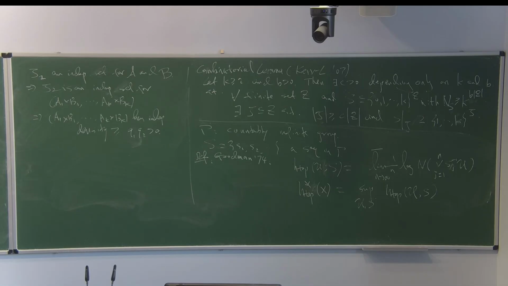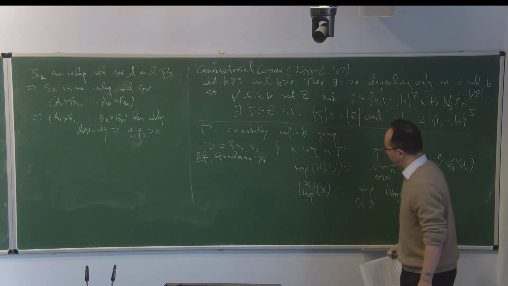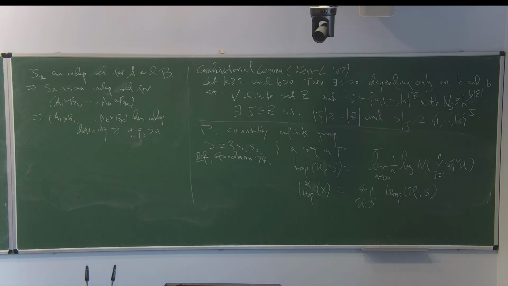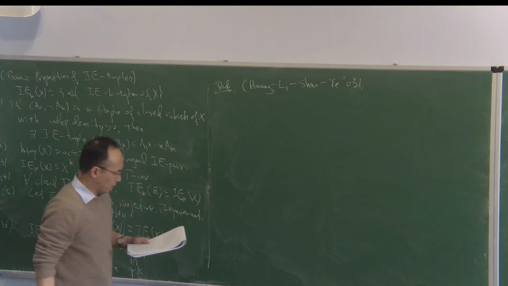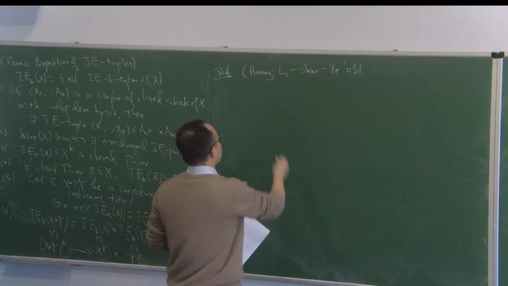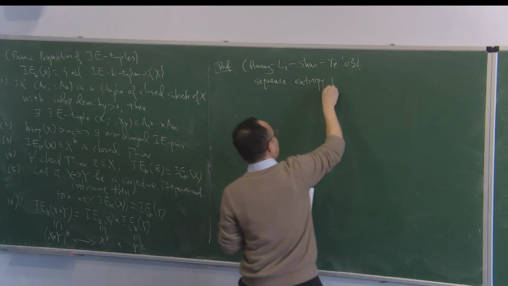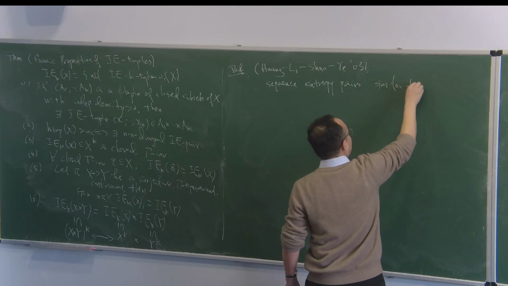Then one can try to do a similar thing for this, pretty much like what Blanchard did for the topological entropy. This was done by Wen Huang, Li, Song Shao, and Xiangdong Ye. They defined the sequence entropy pairs, similar to entropy pairs.